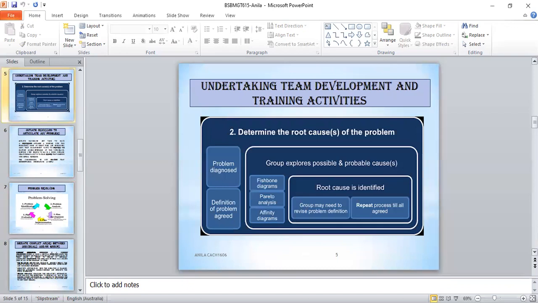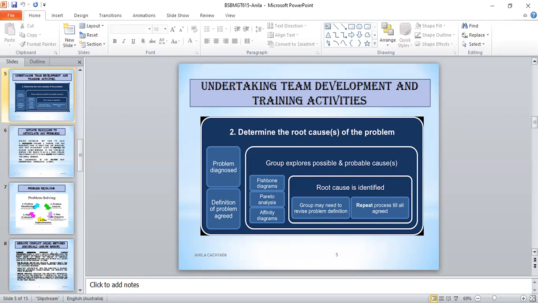Then in the next slide, I have depicted again how we can undertake team development and training activity through a step-wise diagram. Here, the first function is how a group explores possible and probable causes. Then the root cause is identified. The group may need to revise the problem definition.